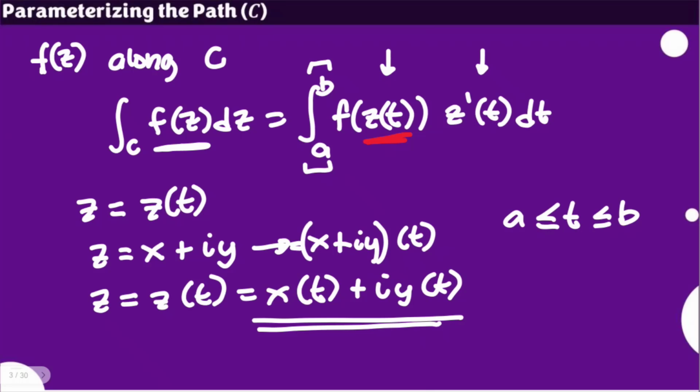Then with that now, we can get the equivalent first derivative of that with respect to t, as we are going to plug in variables of t here. So basically, this is how we parameterize the path.